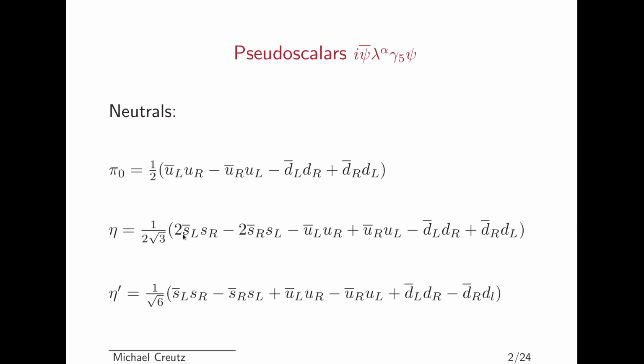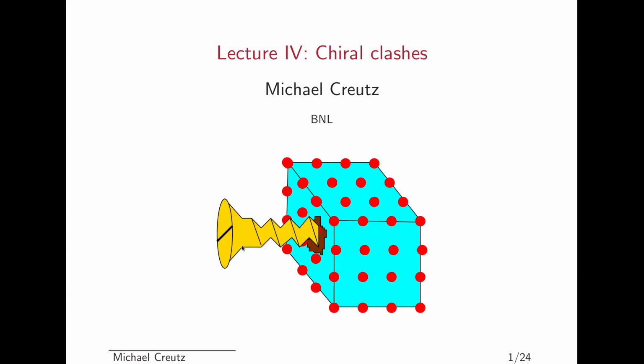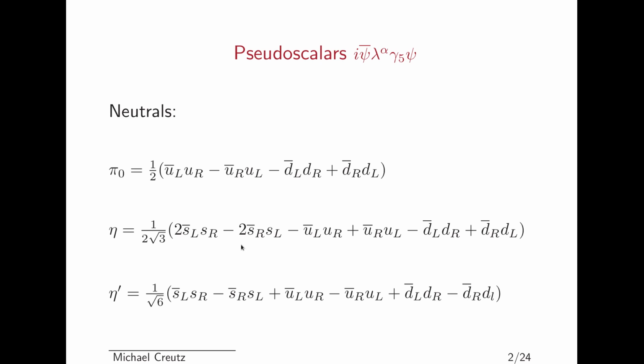The eta brings in the strange, and you see the Gell-Mann matrix hidden in here, the 2, -1, -1. And finally there's the eta prime, which is a more symmetric combination of them all, which is the one that's heavier and gets its mass from the anomaly.